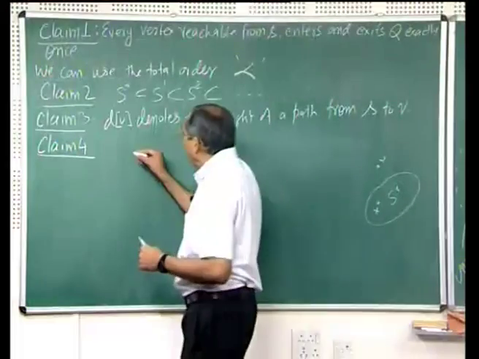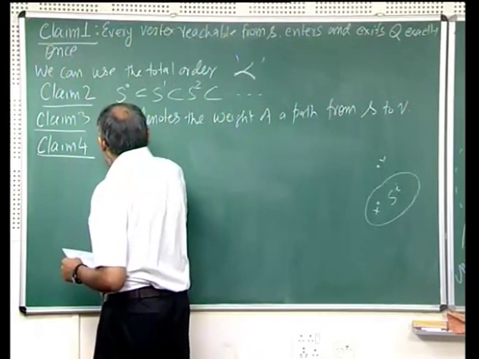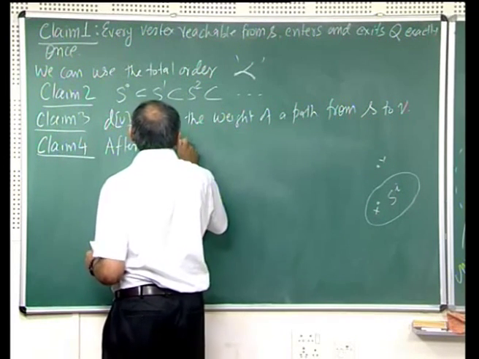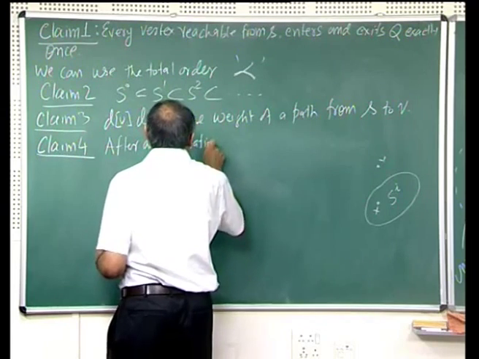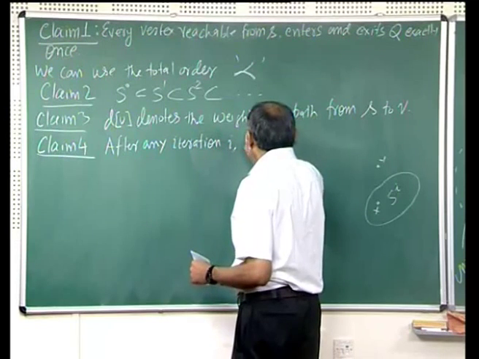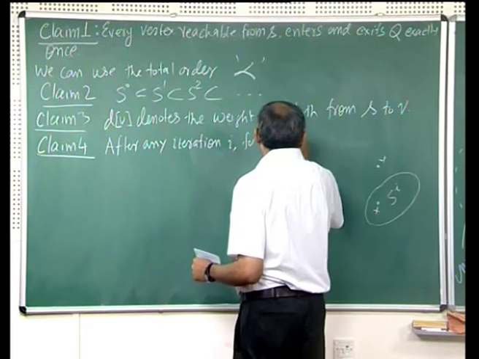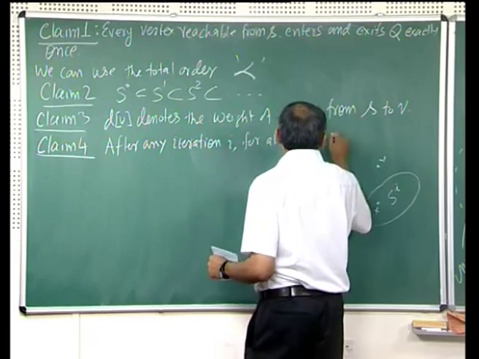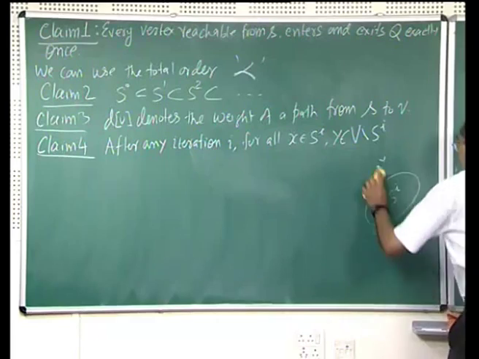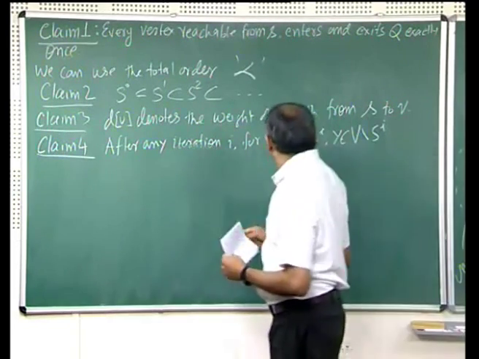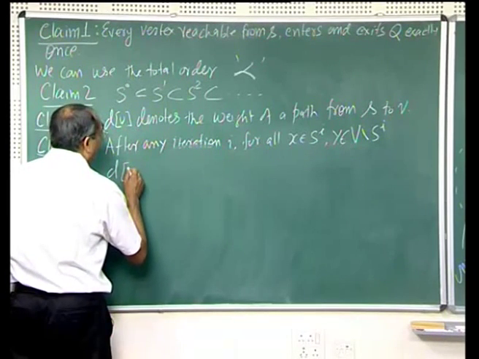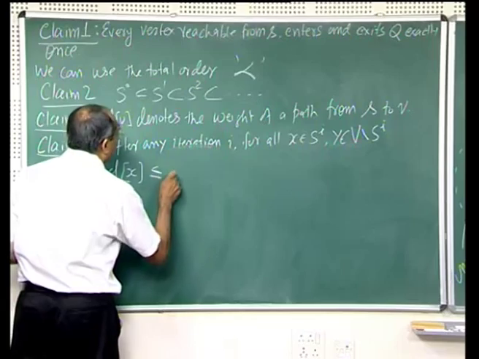So, for all x in Si and y in V minus Si, after any iteration i, d of x is less than or equal to d of y.